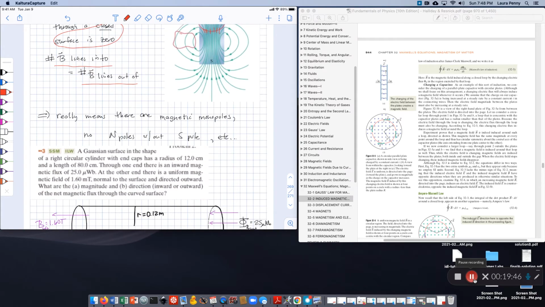So what this really tells us is that Gauss's law for magnetism says there are no magnetic monopoles. There are no north poles that exist without also having a south pole.